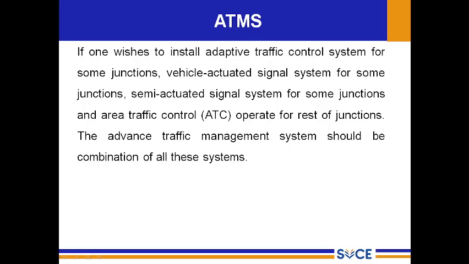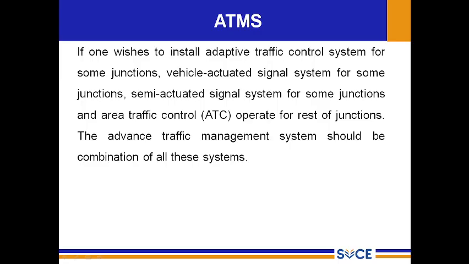For example, if a city has a grid pattern road network with 80 or 100 signals, all the signals can be controlled through one single traffic control center, where in the main server all the signals are interconnected with the local signals through local controllers. A traffic engineer sitting in the area traffic control center can control any of the 100 signals in the city.